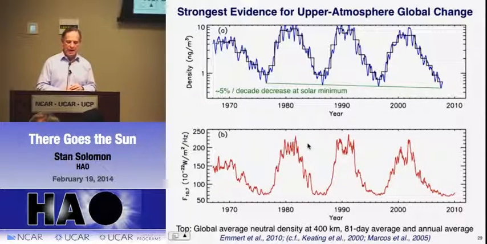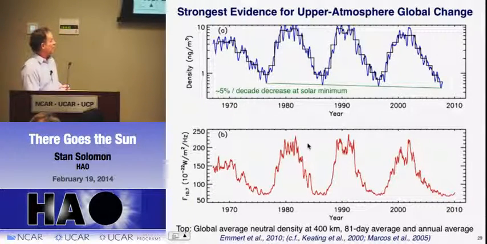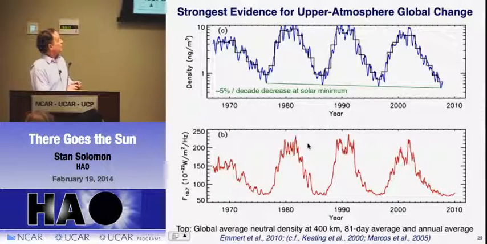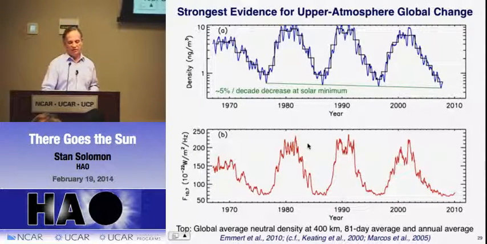He attempts to deconvolve the solar signal through use of indices such as the F10.7 and estimate what that change in thermospheric density is. And they all agree that at solar minimum it's on the order of 5% per decade. So this is pretty solid, and again corroborated by different groups using different data from different satellites.